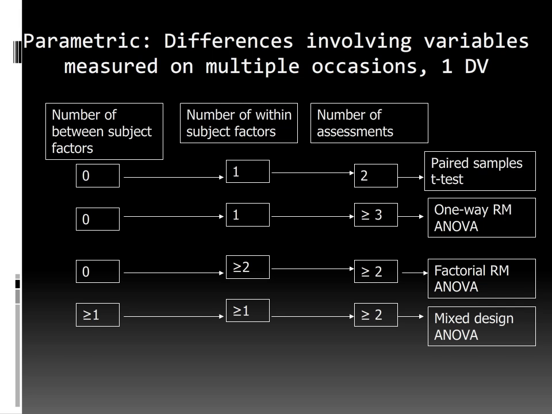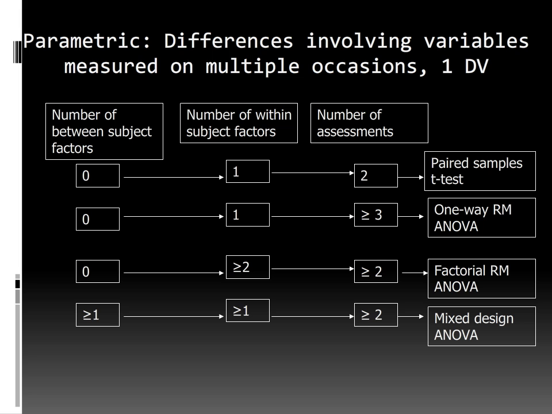If you have 1 or more between subject factors, and 1 or more within subject factors that are measured on 2 or more occasions, it is most appropriate to use a mixed design ANOVA for your analyses. The design of a mixed design ANOVA is a combination of a between and within subject ANOVA.